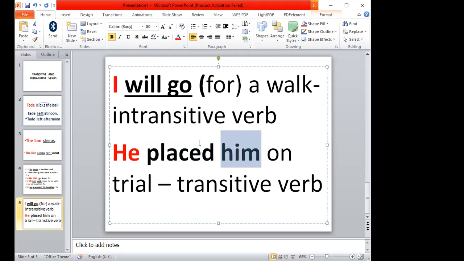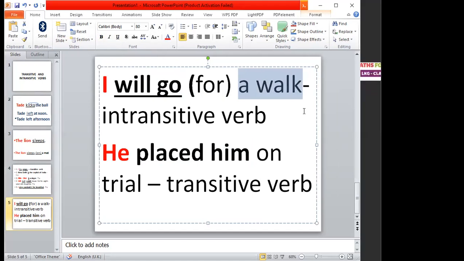A direct connection. There is nothing separating them, unlike when I have my verb here, and then I have something separating the verb from the what? From the object here. So that is how you differentiate a transitive verb from an intransitive verb.